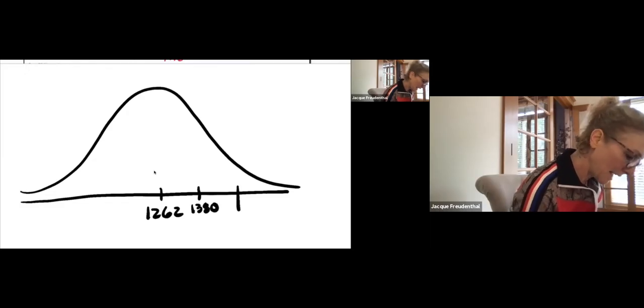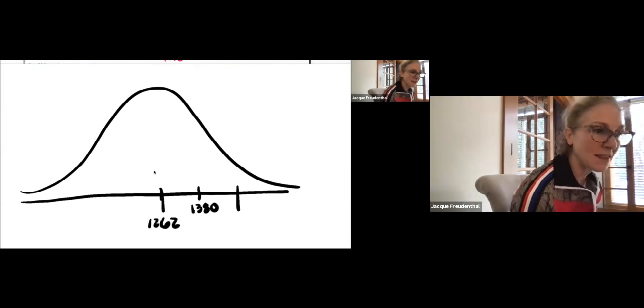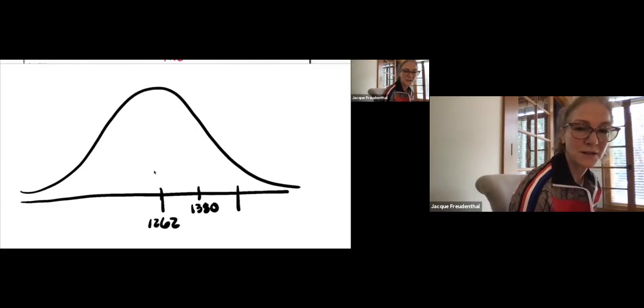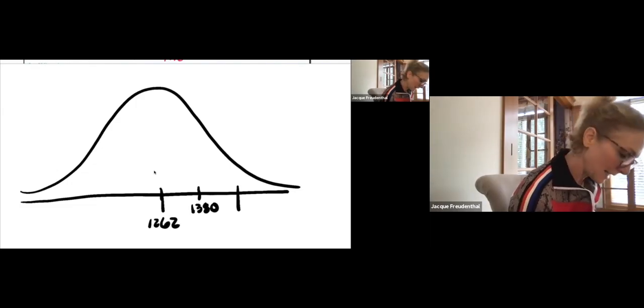I'm going to stagger these so they're easier to see. Now if I add 2 standard deviations to 1,262, I get 1,498.